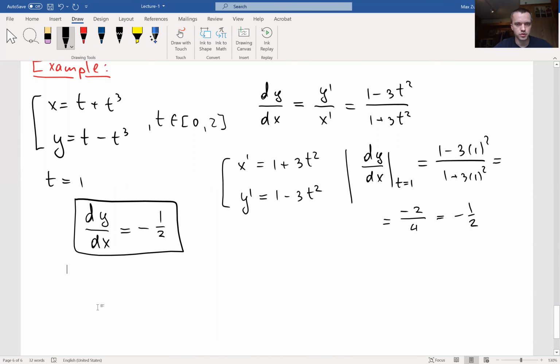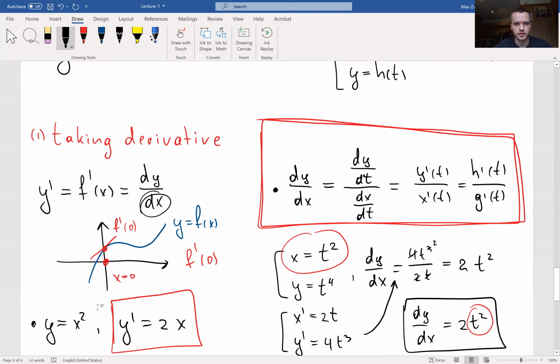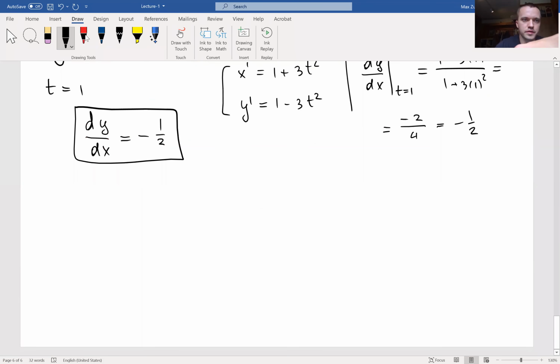Okay, so this was the first, taking derivatives, and the second idea is finding tangent lines.